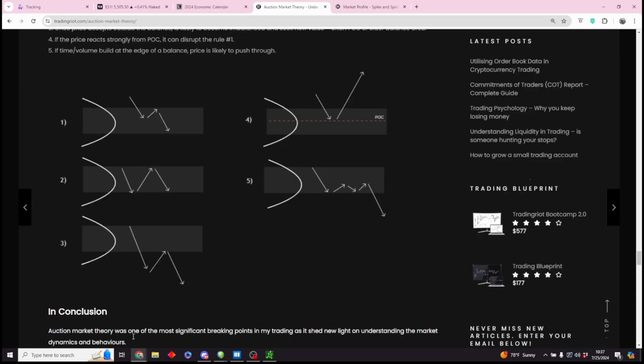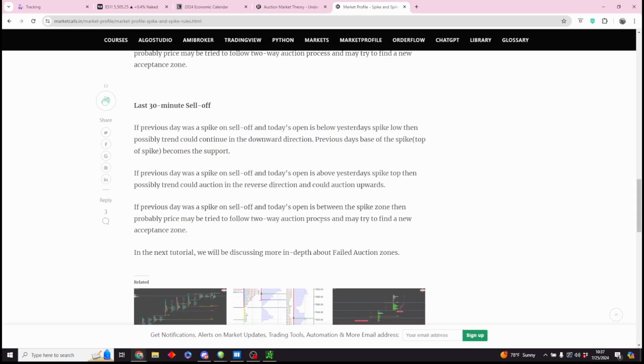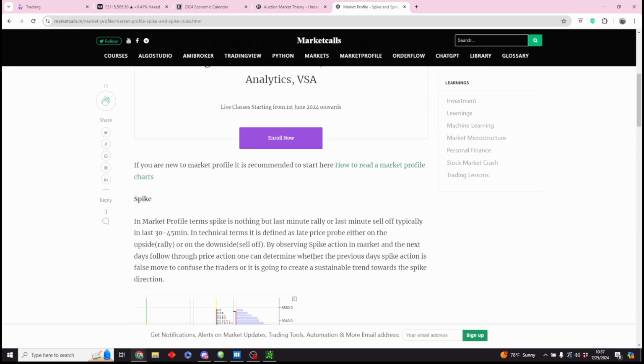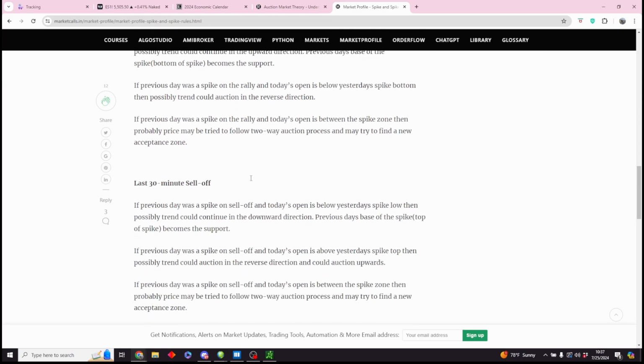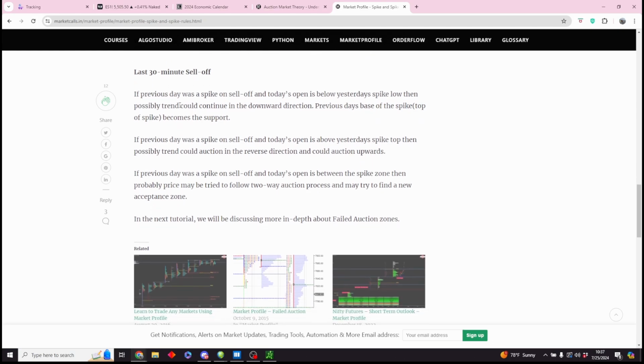To explain the M spike real quick, M spikes are usually the last 30 minutes of the day, and in this case it was the last 30-minute sell off.